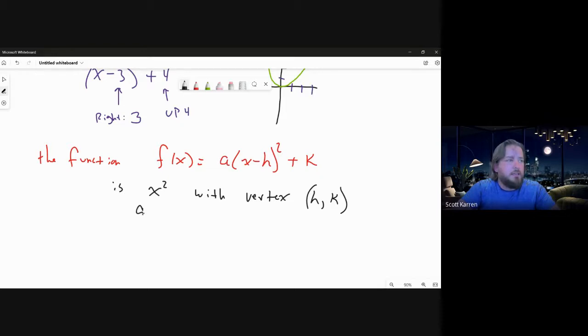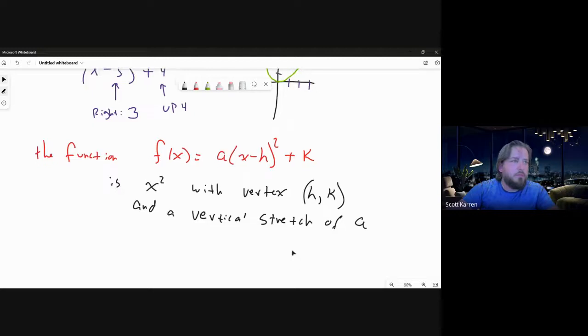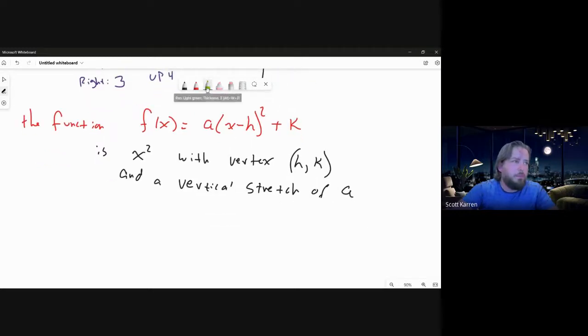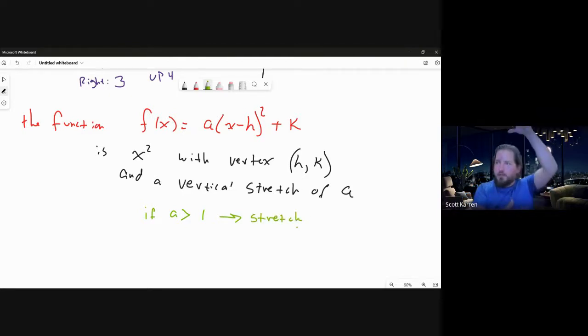And a vertical stretch of a, right? So if a is greater than 1, then it's a stretch, right? It gets elongated.